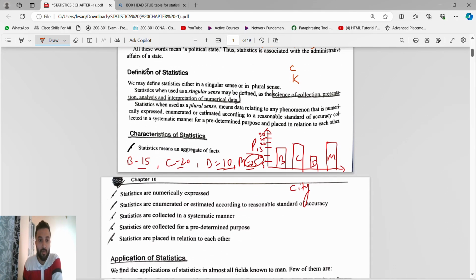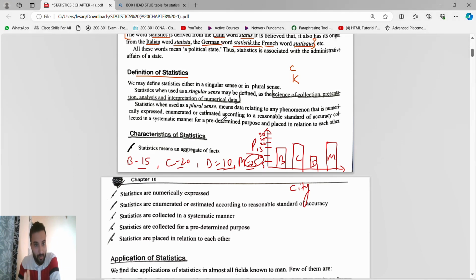Now, the definition of stats. I will share this PDF in my Telegram group, and there is no need to go through all these words. What you have to understand is only this. If you want to score, because we focus mostly on scores, or if you want to gain knowledge also, just read what I have underlined or ticked.